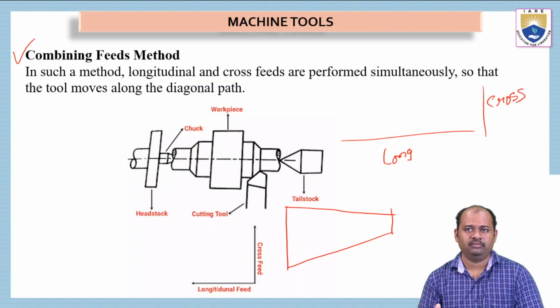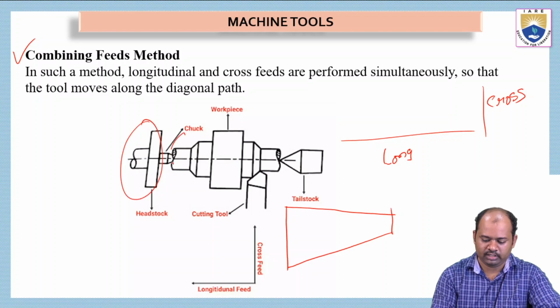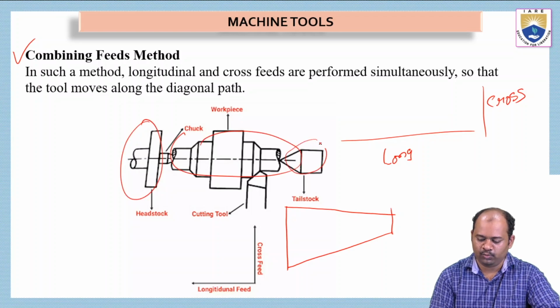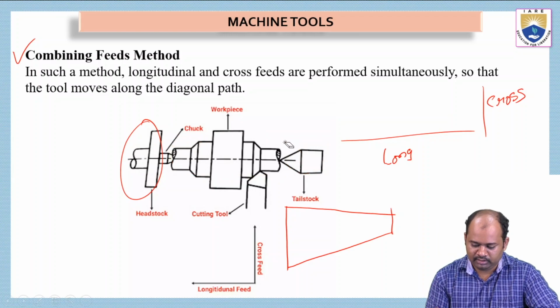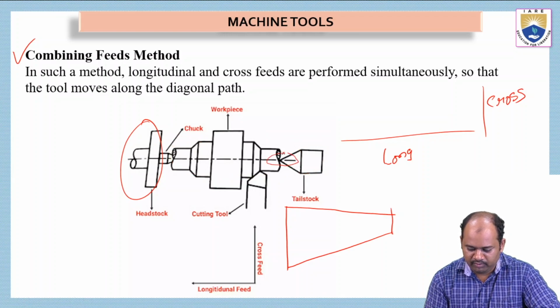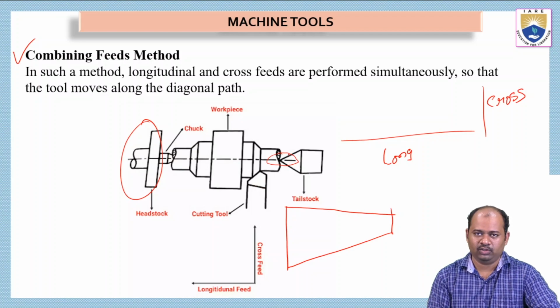at the same time. So see here in this picture, we can see there is a headstock. This is the workpiece and we have a tool post which is supporting the workpiece at the center. See here carefully. In the previous method, that is the first method, the offset method was followed in order to get a taper turn. But in this method, we are using some other technique, not the tool post technique.